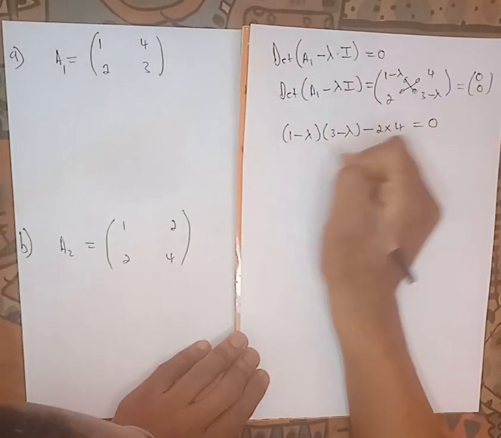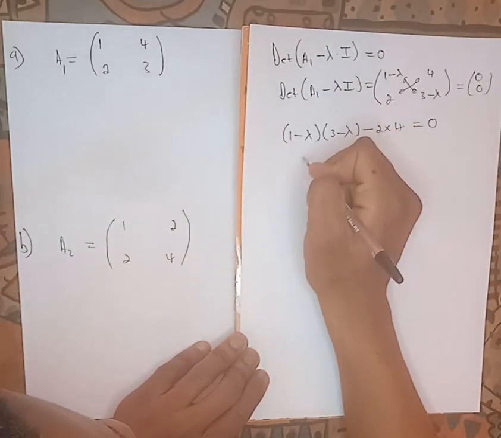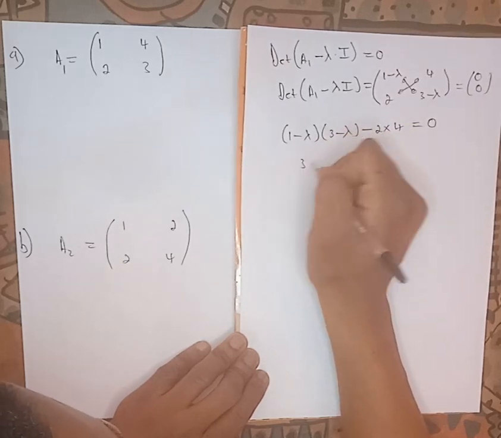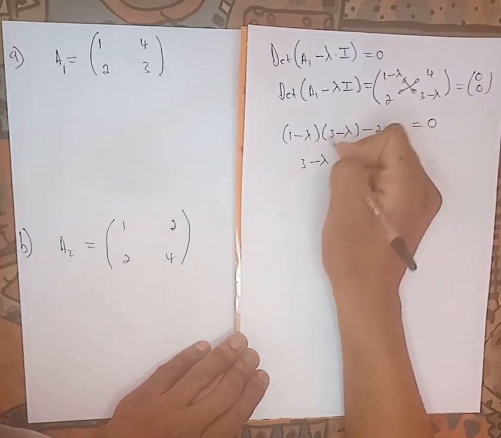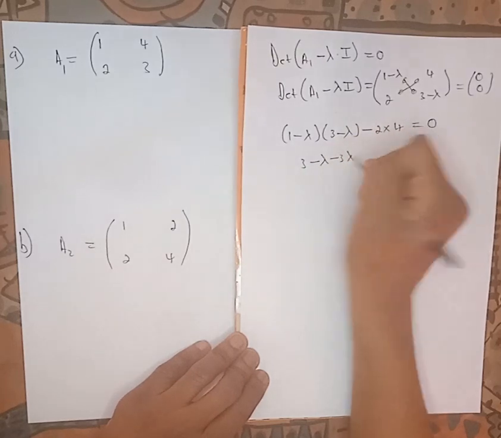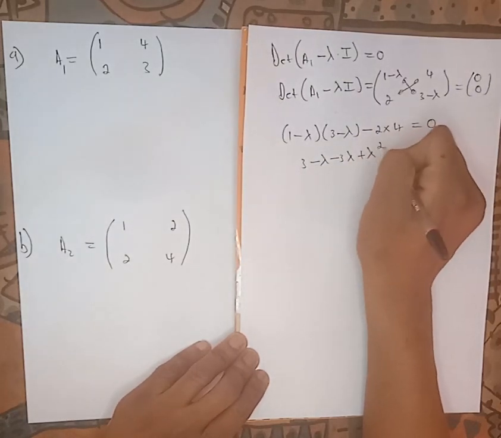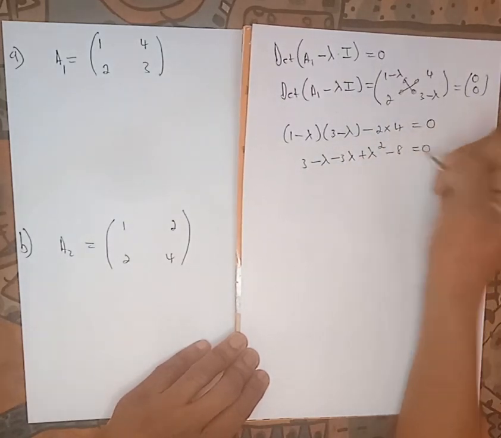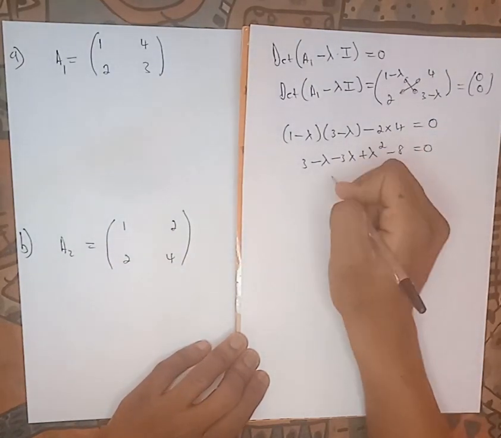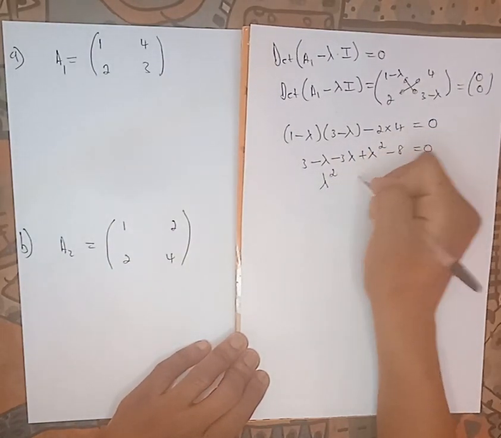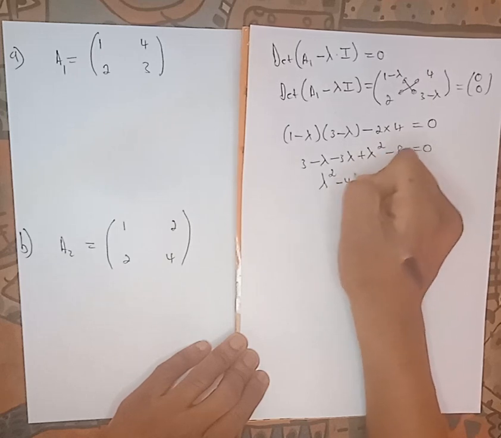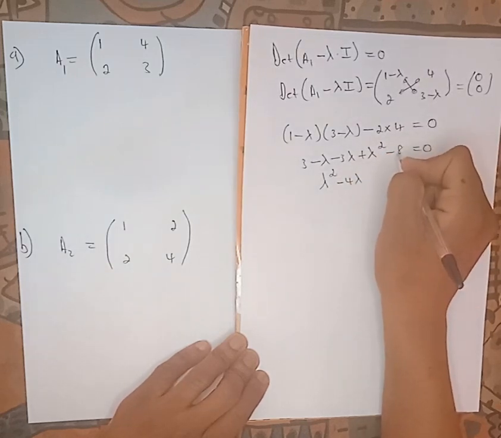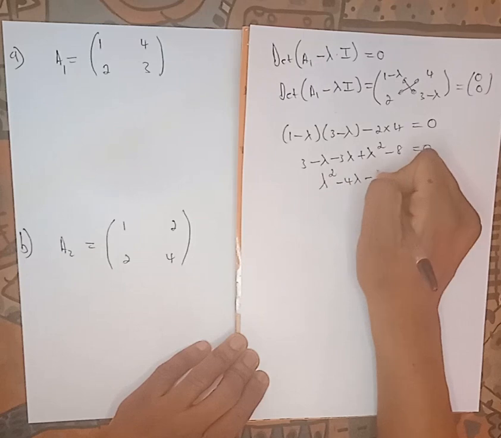So this will be 1 times 3, which will be 3 minus lambda, 3 times lambda minus 3 lambda plus lambda squared minus 8. This is equal to 0. Putting this in a standard form, our lambda squared minus 4 lambda minus 8 plus 3, it's minus 5.